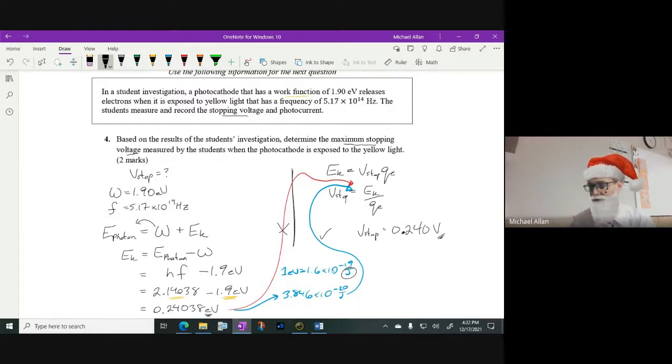This one's in joules, and this number is 1.6 times 10 to the negative 19 coulombs. They just happen to have the same number. One's in joules, one's in coulombs. So you essentially get that same 0.24 number out that you started with over here.